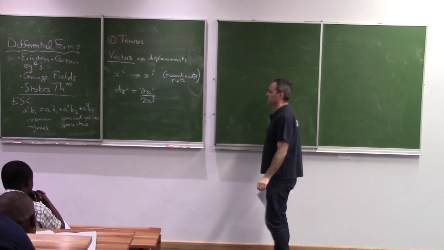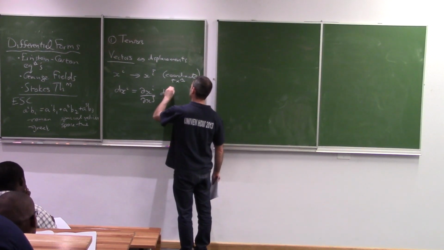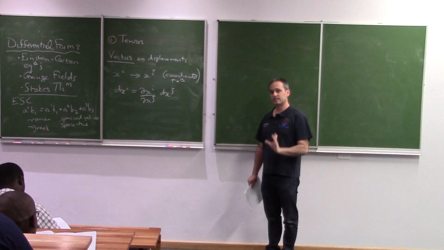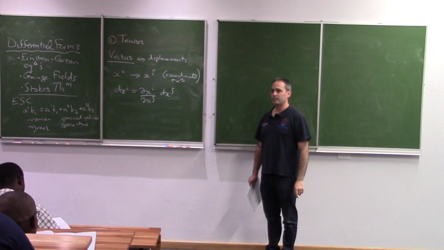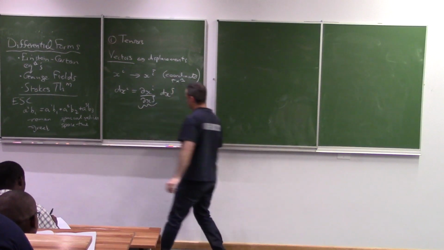The bar just denotes that I've got a new coordinate system. If anybody doesn't understand anything I say, please interrupt me at any point. Everybody happy so far?